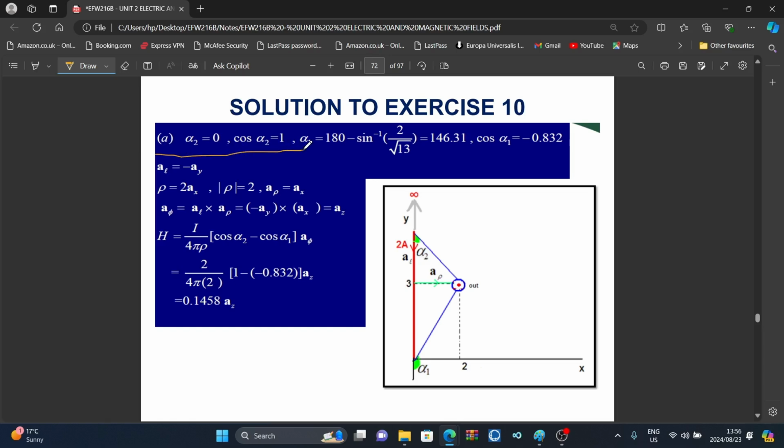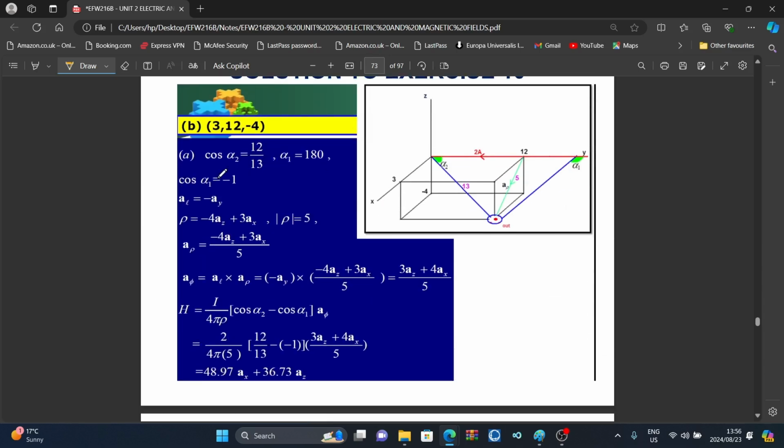As you can see, they do more or less the same thing as us. They find alpha 2, which is here. So they use this angle. We can assume this is our hypotenuse, so there is a 90-degree angle there. They find alpha 1, it's just 180, so leave that out.